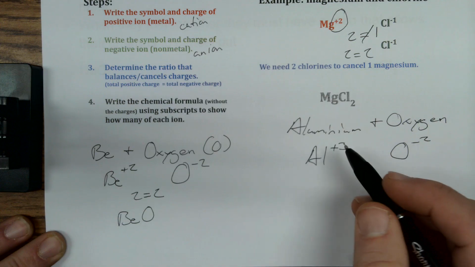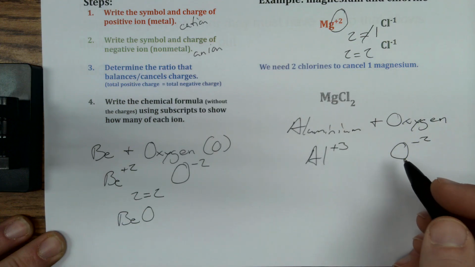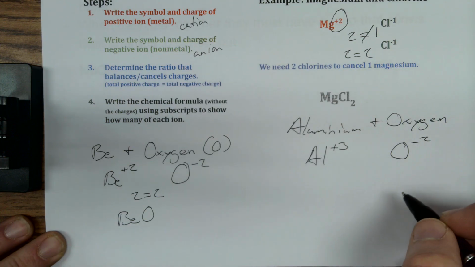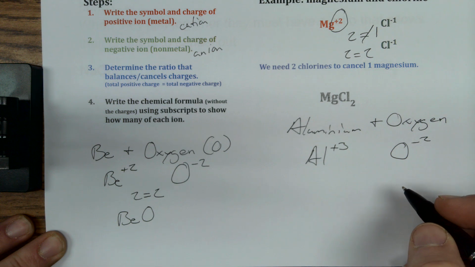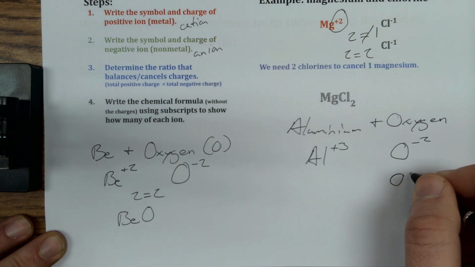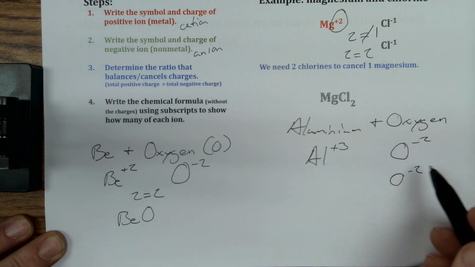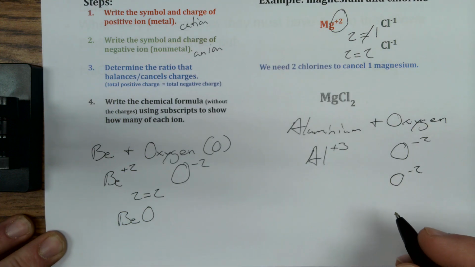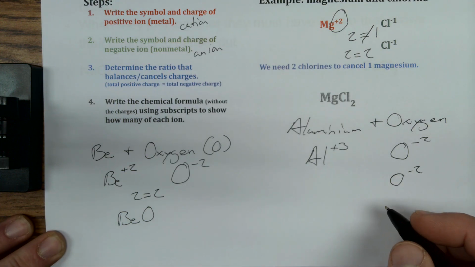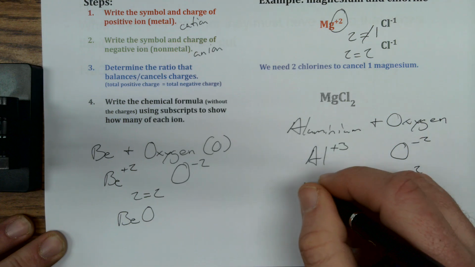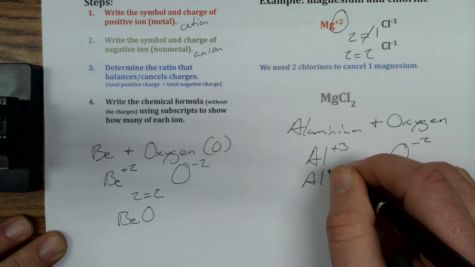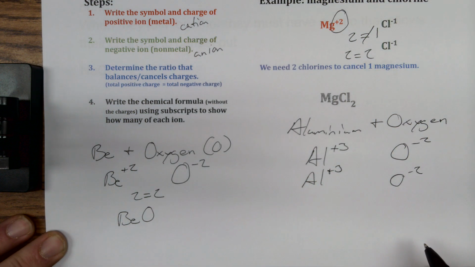Does 3 equal 2? No. Which one do you think I should add more of, aluminum or oxygen? Let's try oxygen. Does 3 equal 4 now? No. So I've got to add something else, right? Try adding the aluminum. Al +3, because it can only be +3.